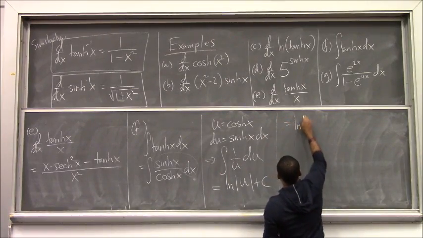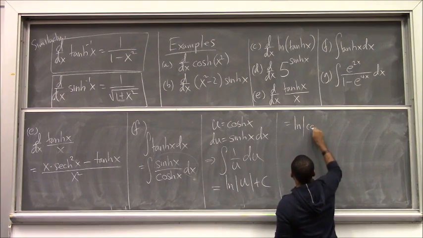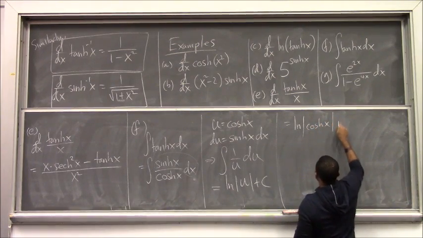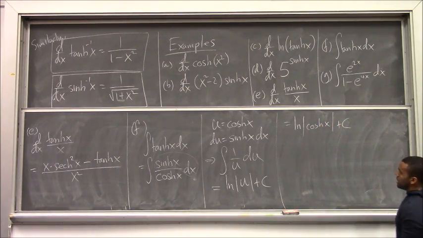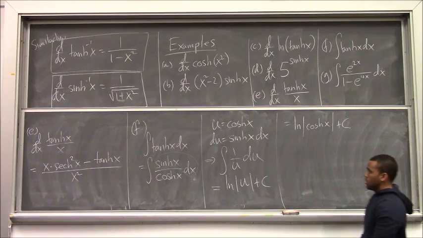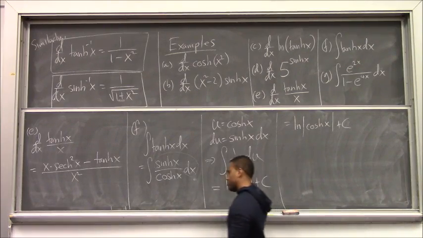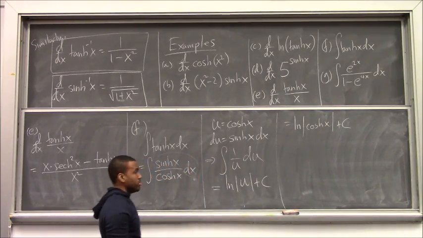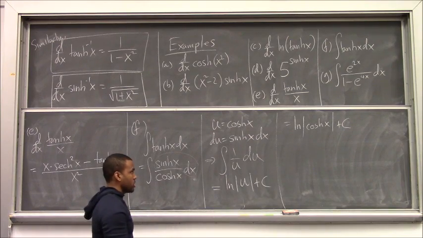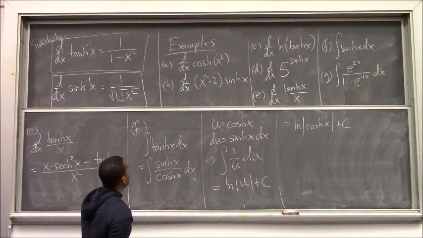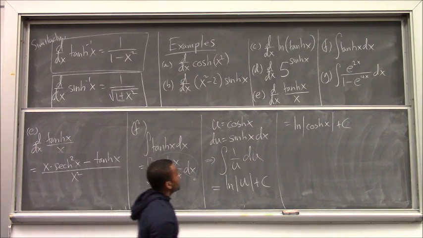So that's ln of absolute value cosh x plus c. Technically, you don't need the absolute values here because cosh is always positive, but it's not wrong to leave them. You could be wrong by forgetting them, so just leave the absolute values in, even though you might not need them.